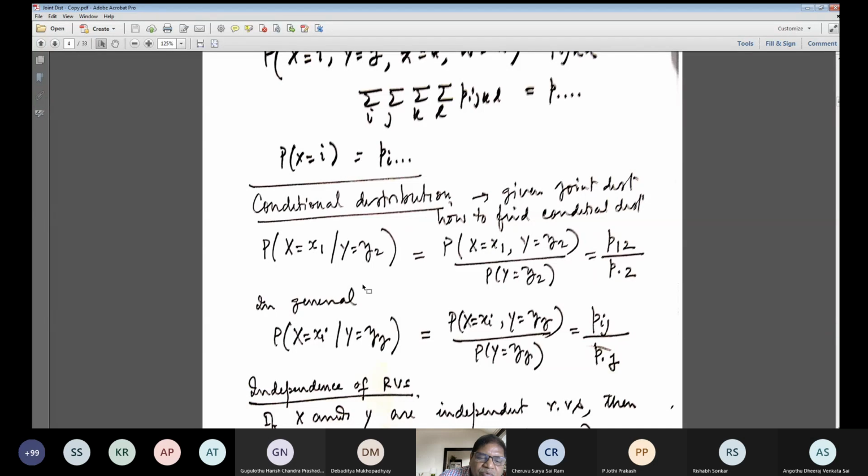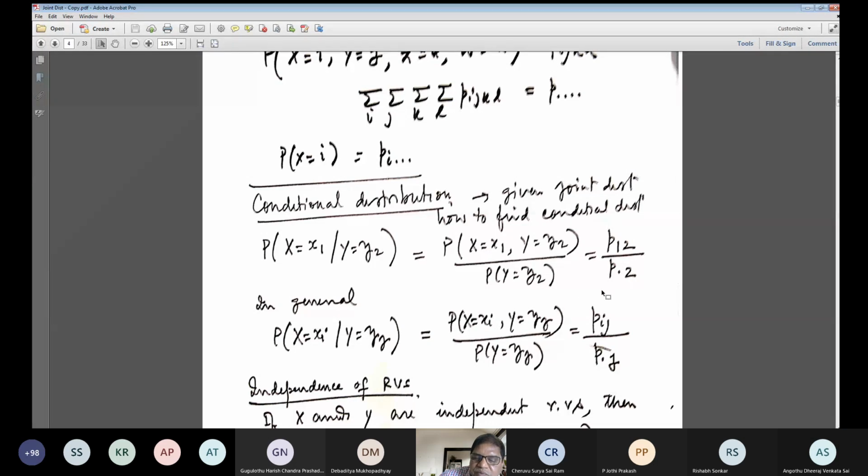In order to calculate this, we simply apply the conditional rule. This gives you probability x equal to x1, y equal to y2, divided by probability y equal to y2. Joint probability divided by the marginal. In terms of the notation, we can write p12, and you require the marginal distribution of y, which we have written as p dot 2.